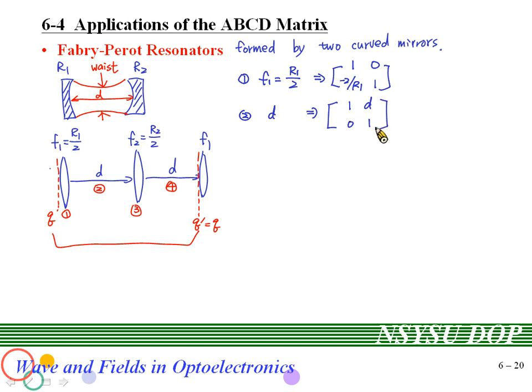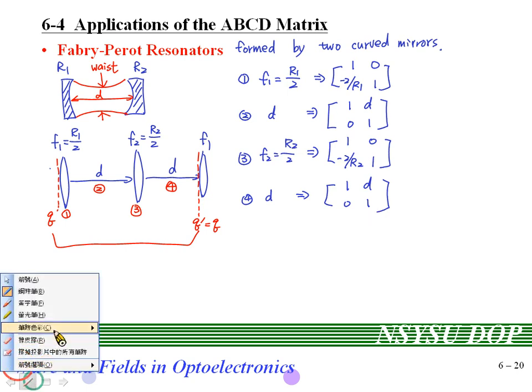For subsystem 3, another propagation through a thin lens f2, the corresponding ABCD matrix is written in this way. Finally, another propagation of distance d with the ABCD matrix written like this.